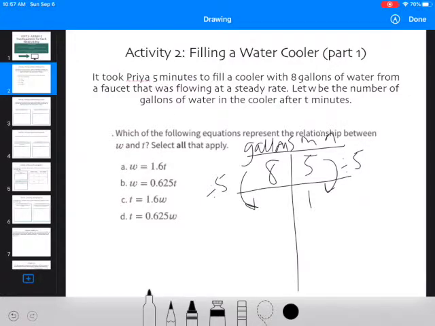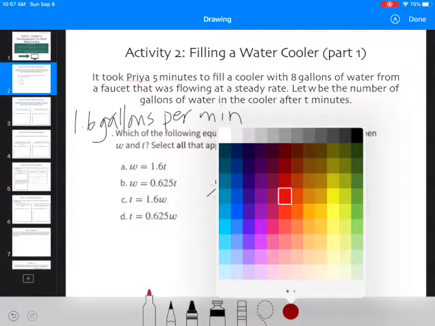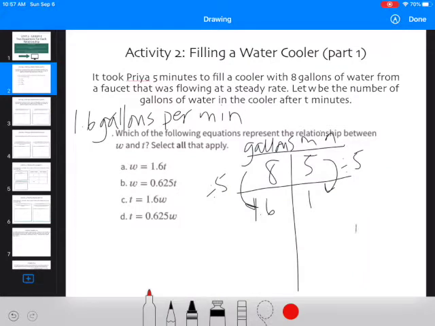I get 1.6. So it's 1.6 gallons per minute.